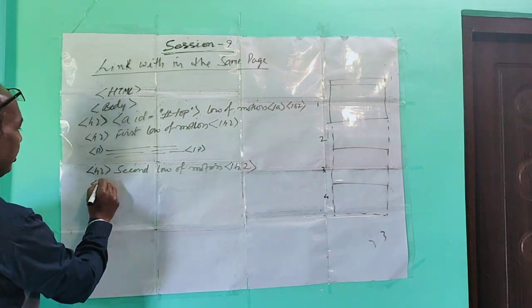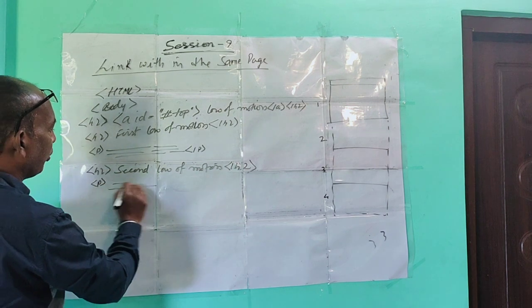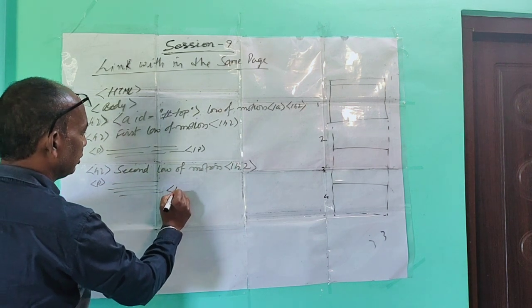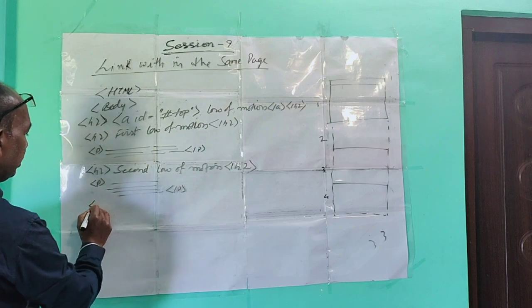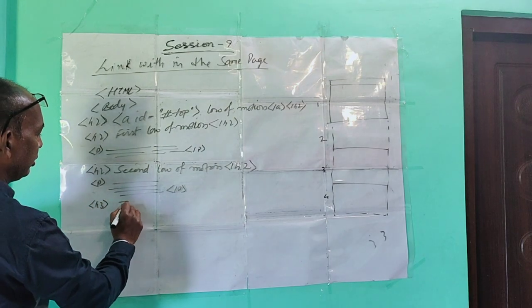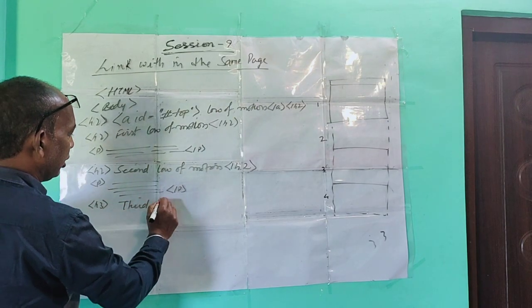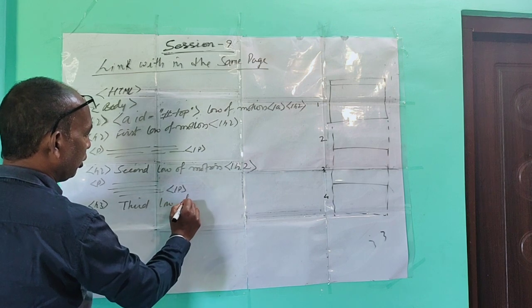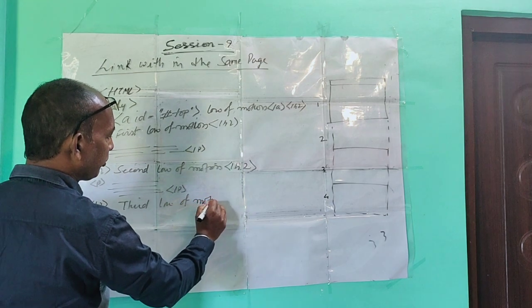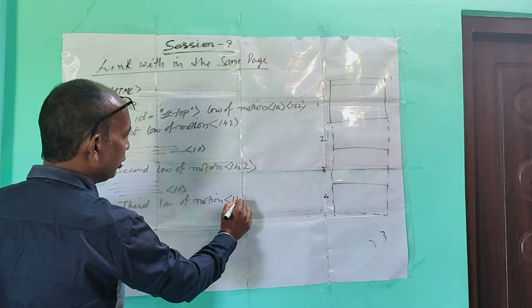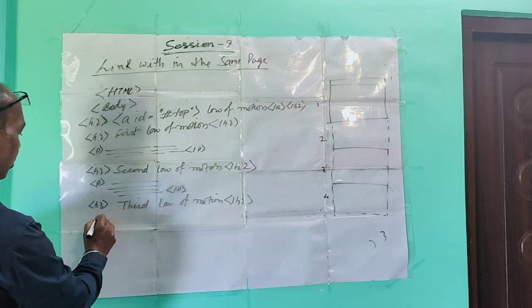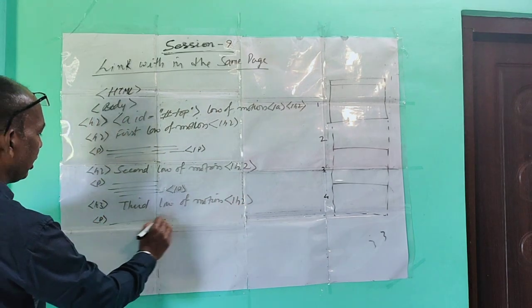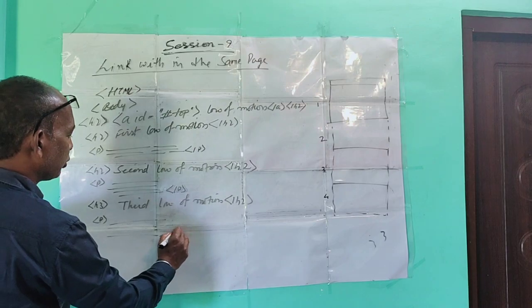Here you write about the second law of motion. Then we close. Then H3, third law of motion, close. Here you write about the third law of motion.